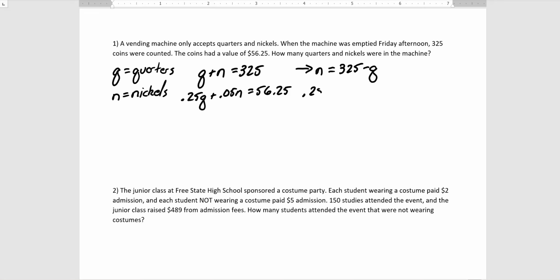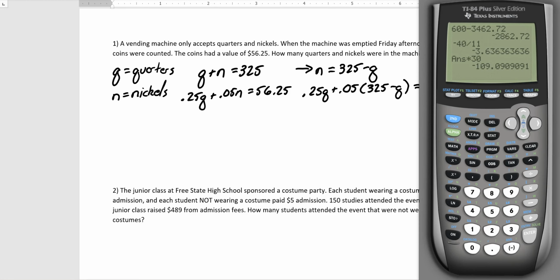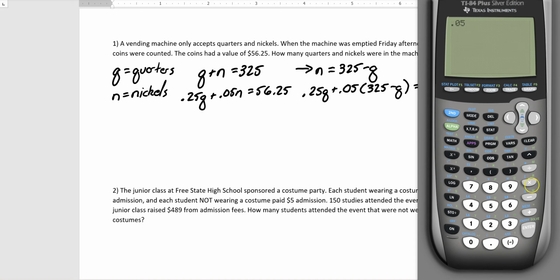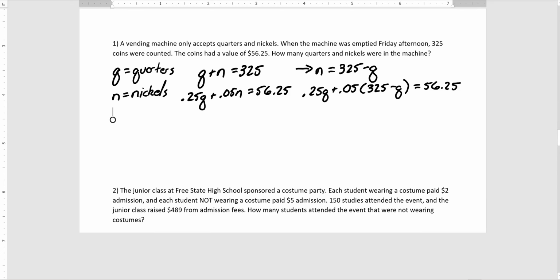So I'll have 0.25Q plus 0.05, and instead of N, I'm going to say 325 minus Q, and that will equal 56.25. Now, I do not know 0.05 times 325, so let's go ahead and pull up a calculator here. 0.05 times 325 equals 16.25.